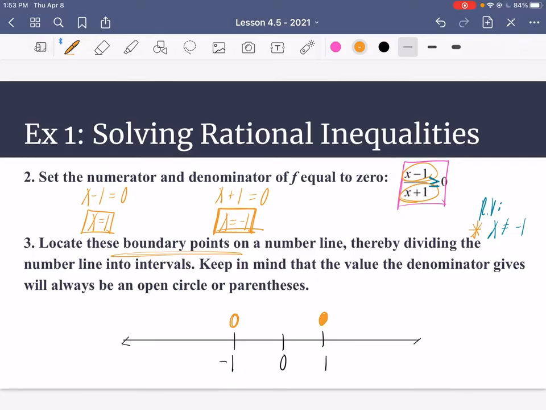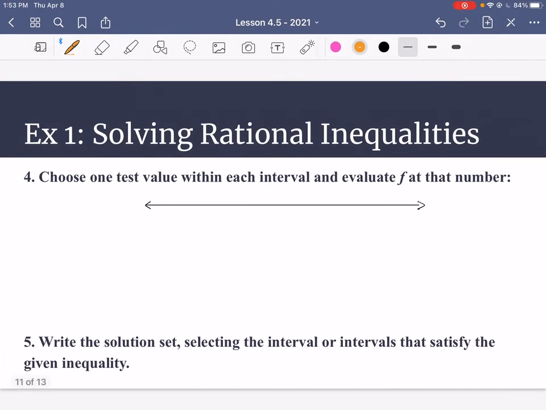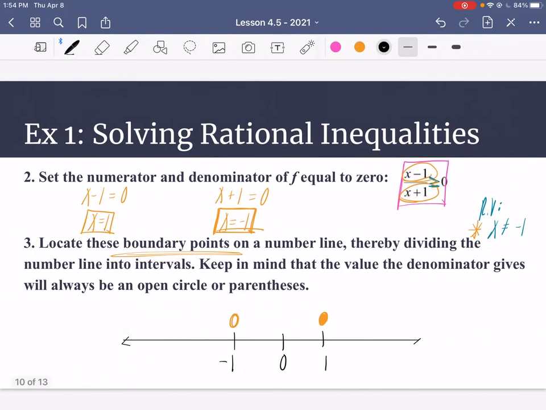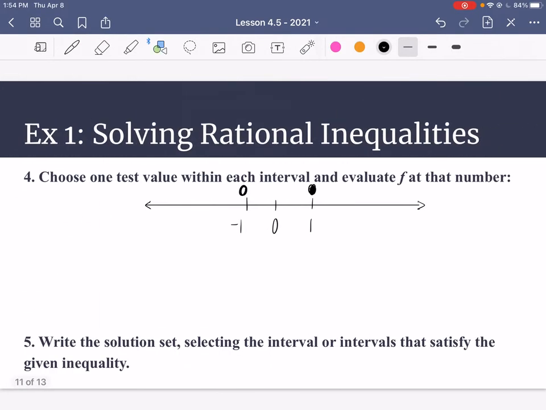Okay, but positive 1 can because this is a greater than or equal to symbol. So just be really careful of that. Okay, so 0, negative 1, positive 1. Again, we've got a closed circle here and an open circle at negative 1. Just want to make sure I did that correctly. Yep.